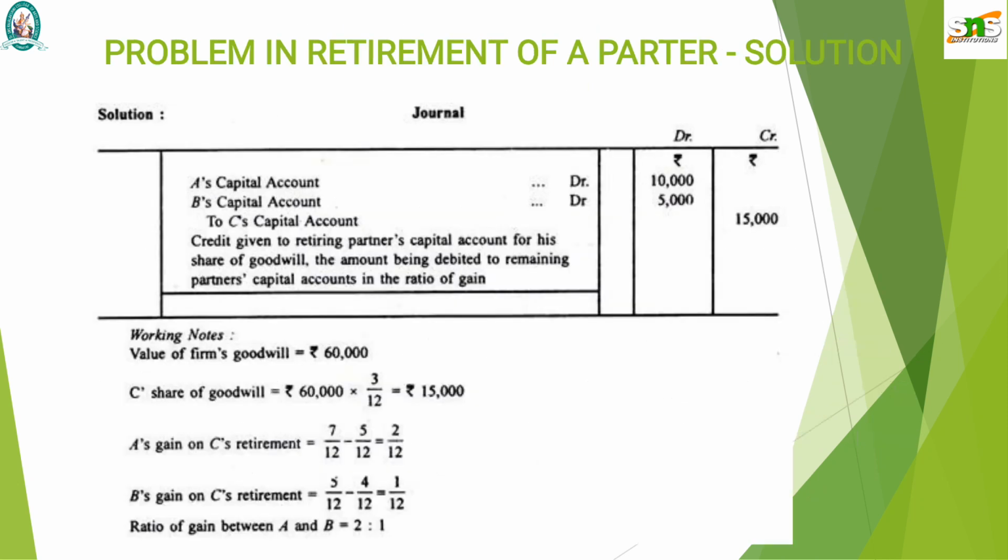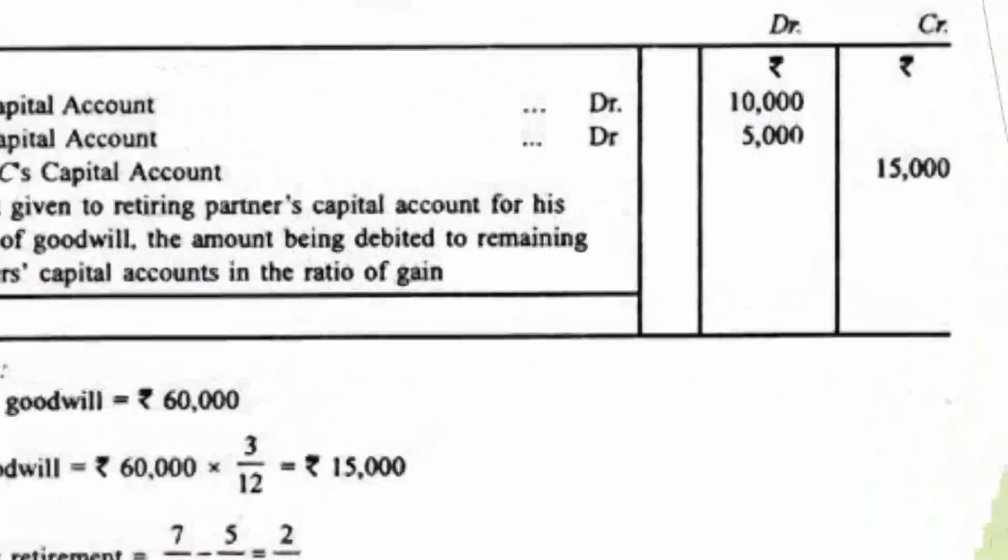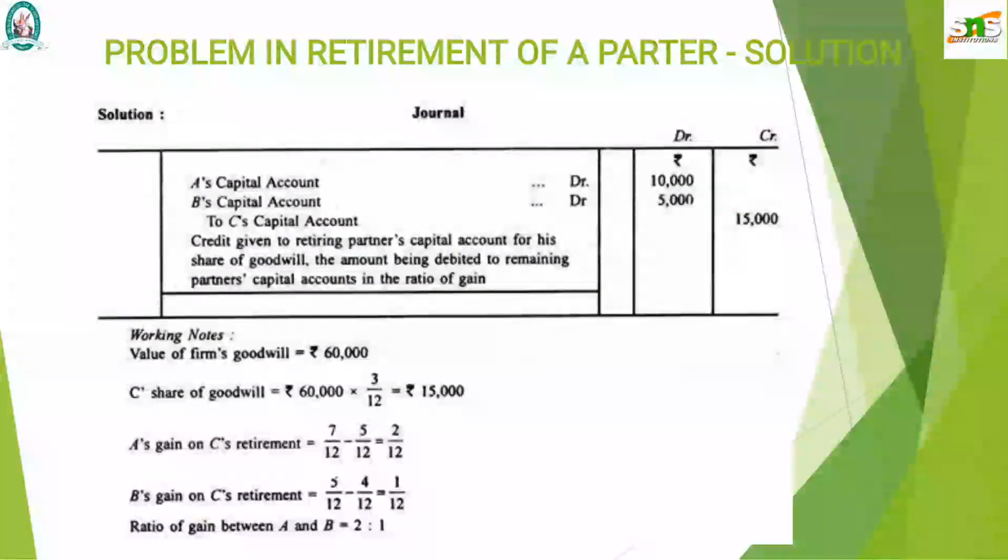Now we are going to see the working notes. So the value of the firm's goodwill is 60,000 rupees as it is given in the case. Now we have to see what is the share of the retiring partner's goodwill. The retiring partner's share of goodwill is 60,000 into 3 by 12.